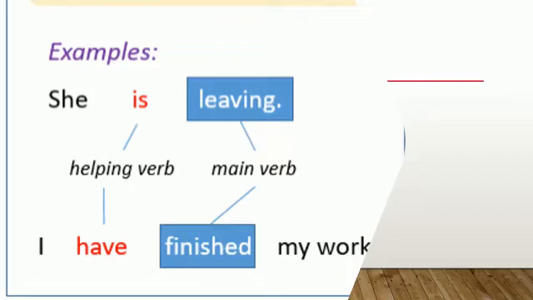Not only that, a helping verb does not give the major information in terms of action. It tells more about the time of the action, not the nature of action. If you look at the second sentence, I finished my work. That also makes sense, but with the helping verb have, it makes a complete sense.